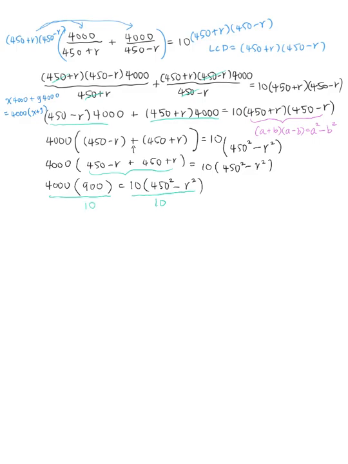Then what's going to happen? 900 divided by 10 is going to become 90. So I'm going to rewrite this as 4,000 times 90. It's just a little bit simpler looking, equals 450 squared minus r squared, because we're dividing by 10.